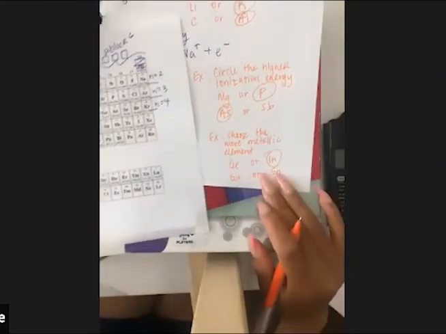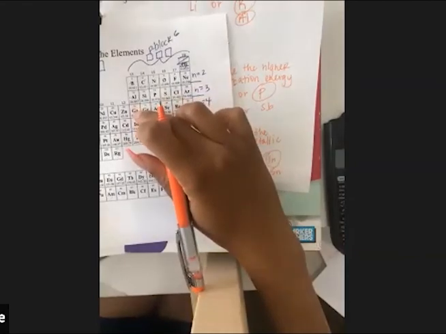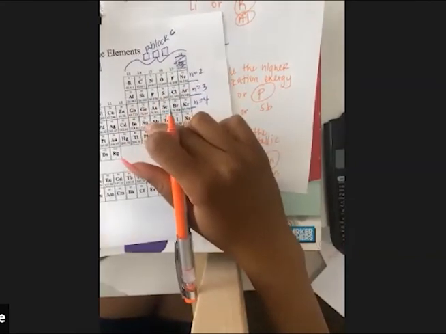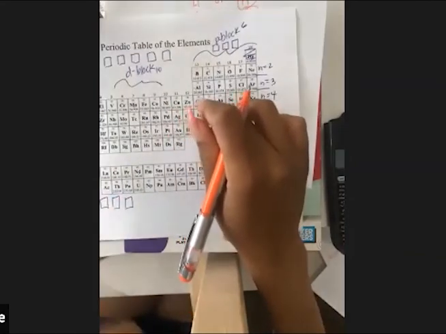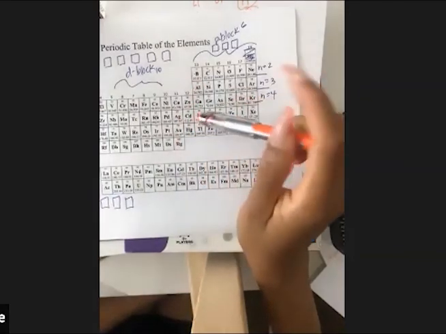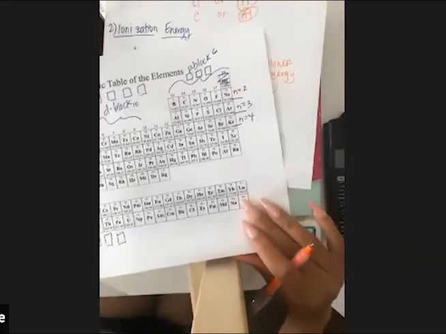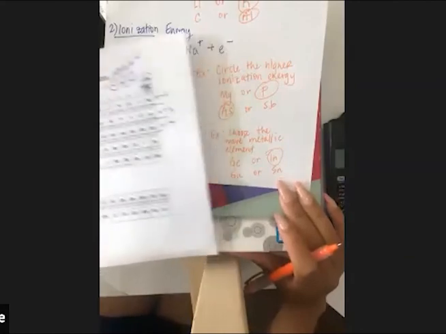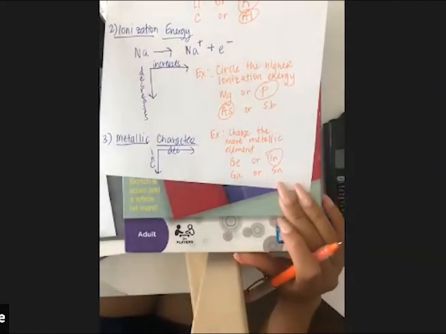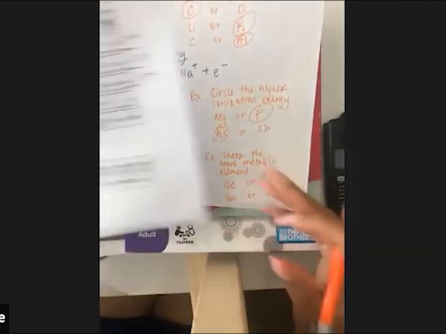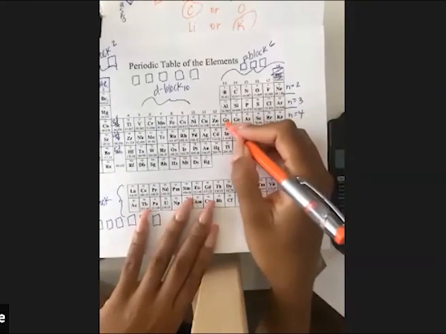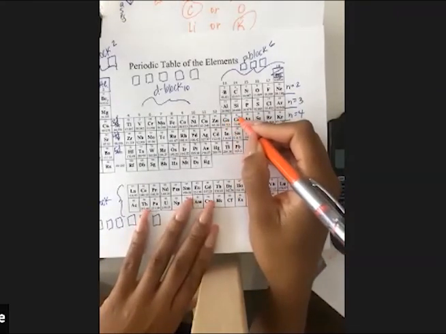What about the second one? We have now gallium versus tin. What do you guys think for gallium versus tin? Tin. All right, so if you go over, it's going to decrease.